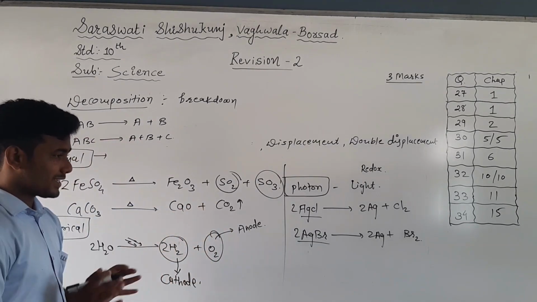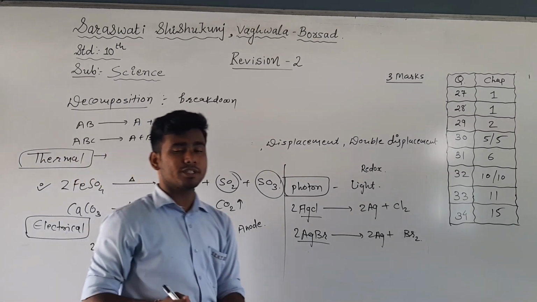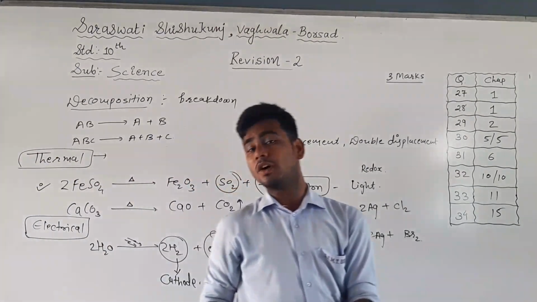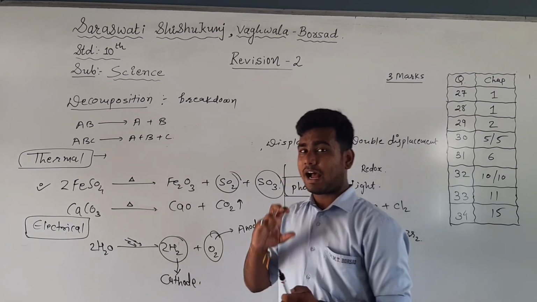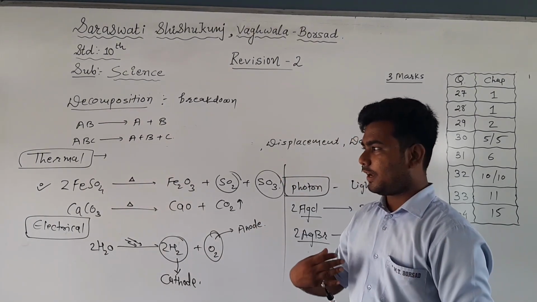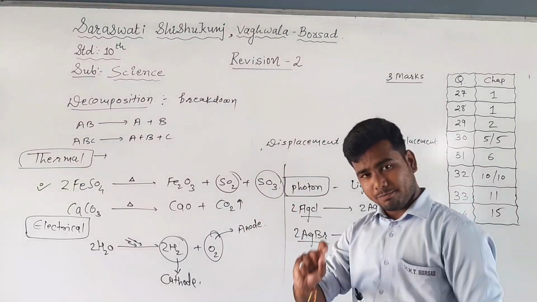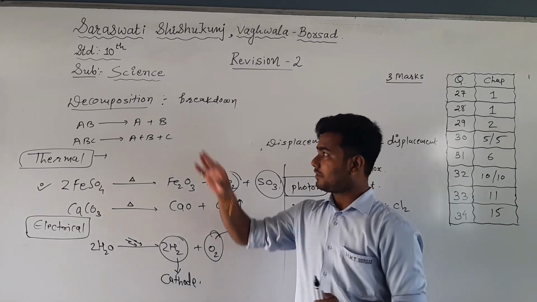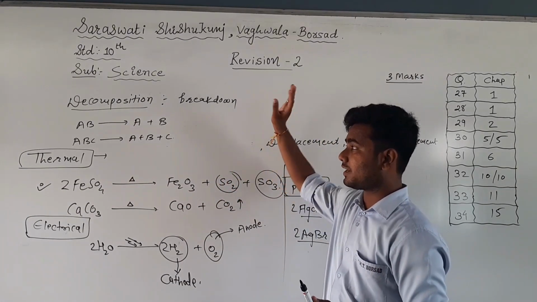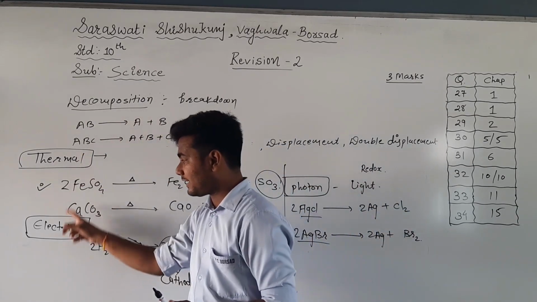So see beta, the decomposition reaction is very important for your board examinations and also for a unit test, but you have to check how they have asked the questions. Let me give you some examples. If it is asked what is decomposition reaction, write its types and give examples, we have to write the definition of decomposition reaction, then explain the general formula of it, then give the types of it.